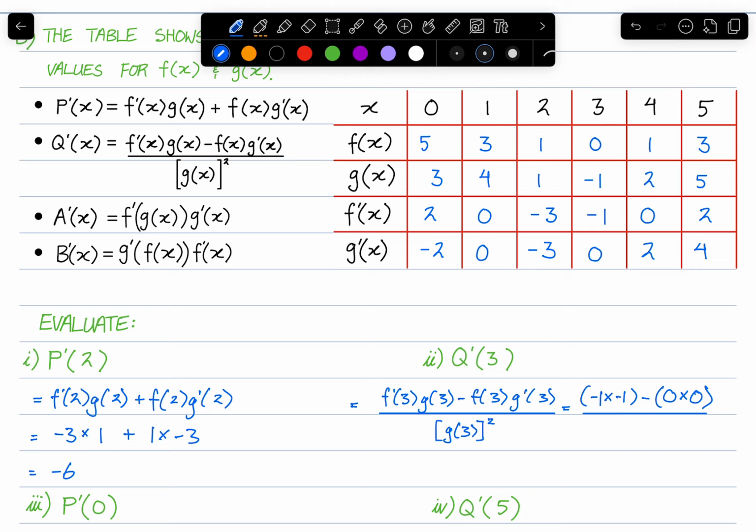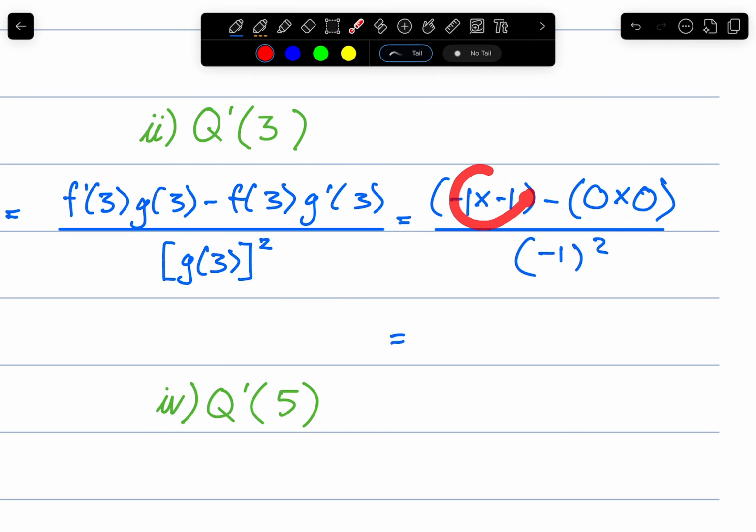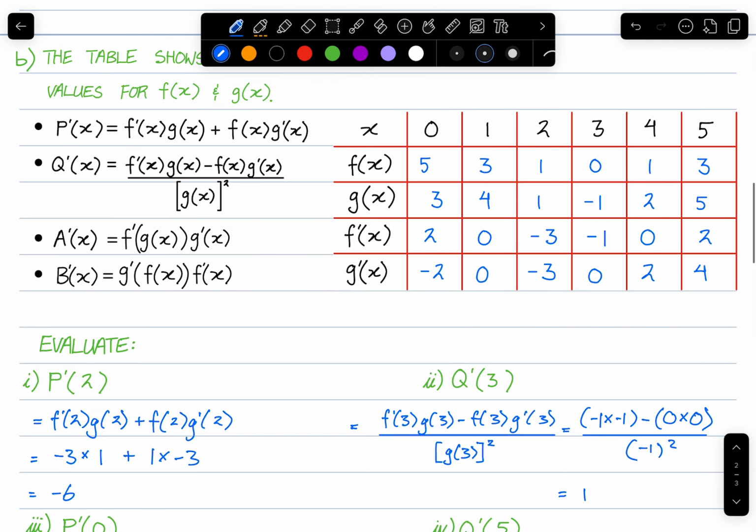And this one's going to be g of 3 is -1, but we're going to square that one, so -1 squared. Overall, this just becomes 1 minus 0 over 1. Our derivative here is 1. And that's essentially how we operate these compound functions with the derivatives.